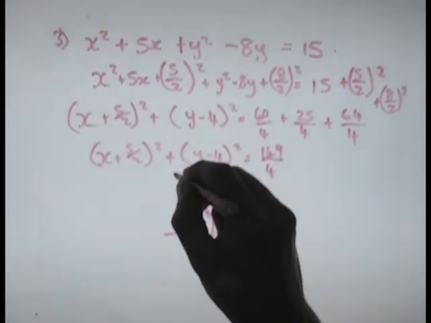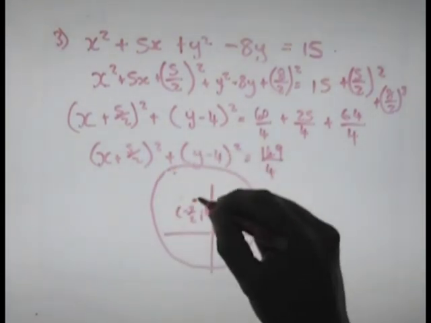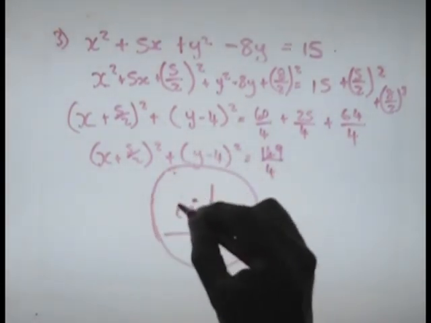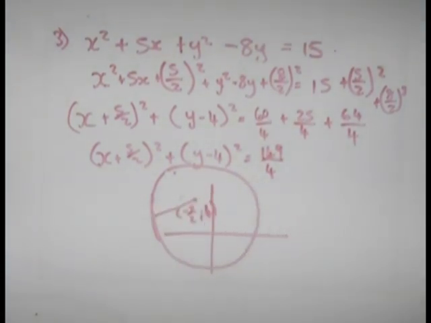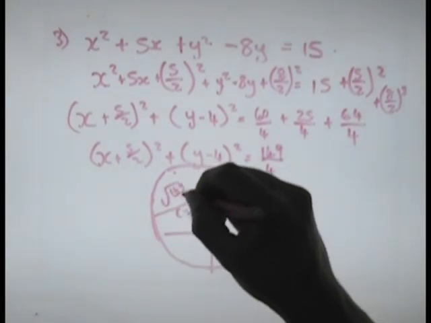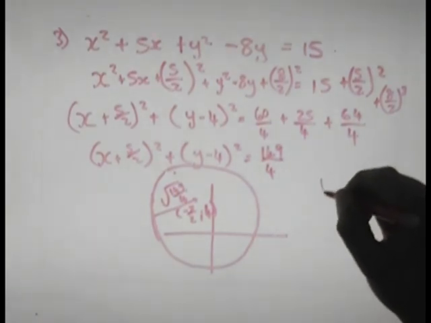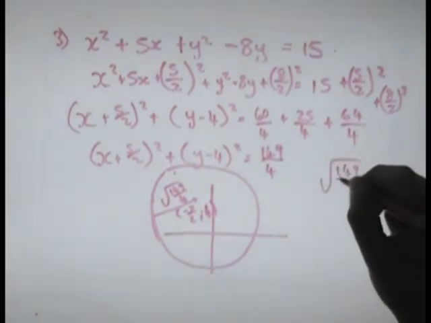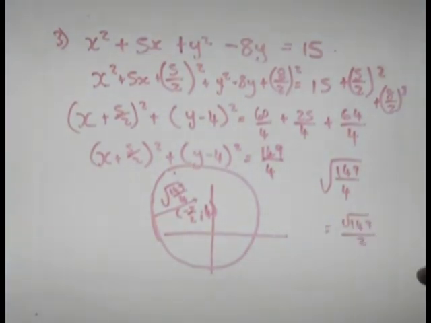And my circle is going to be quite a weird looking circle with a radius of root 149/4. You can simplify that if you want to. Square root of 149/4 is equal to square root of 149 over 2. That's fine.